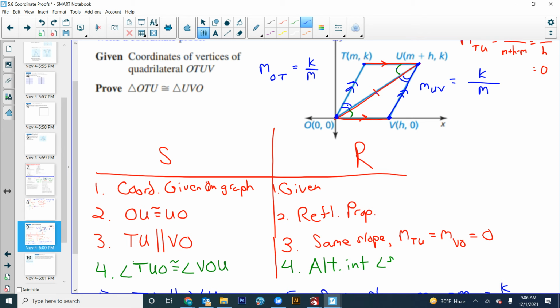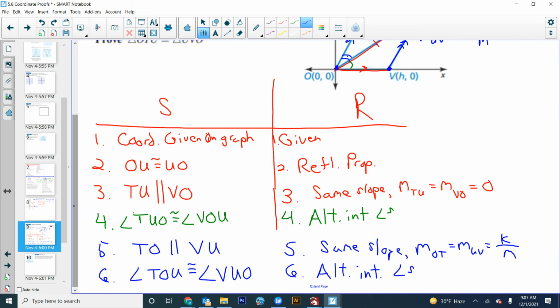ASA. Is this ASA? No, because it's not the angles in their included side. It was the non-included side. Look back in those theorems. They use the word included. It feels good to be included.